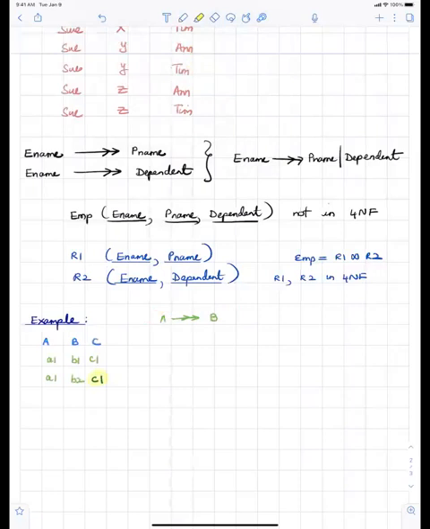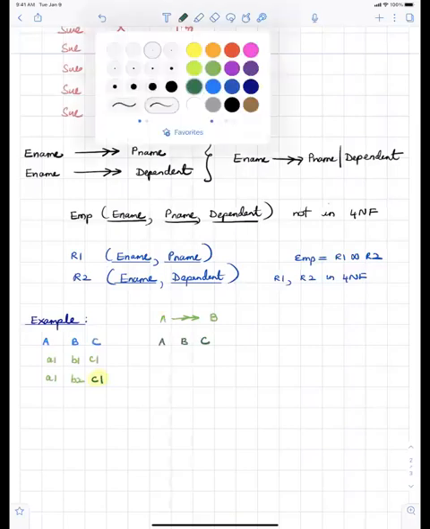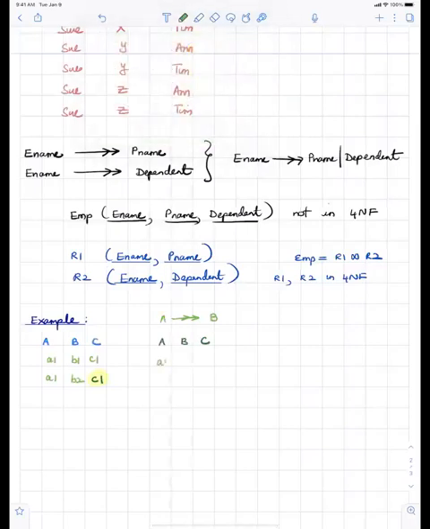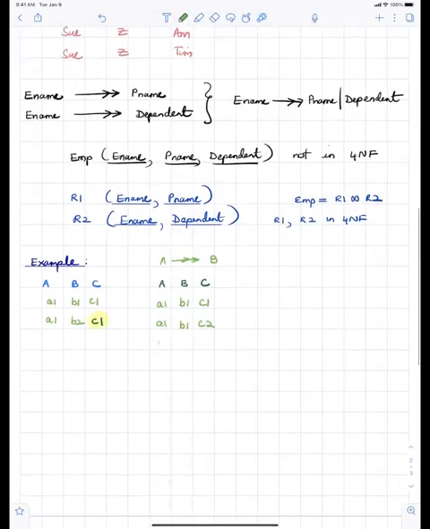Okay, let's look at the same example with more values in the table. We have A, B, and C, and now we have A1, B1, C2, and then A1 and B2.